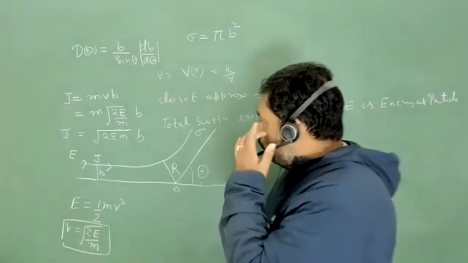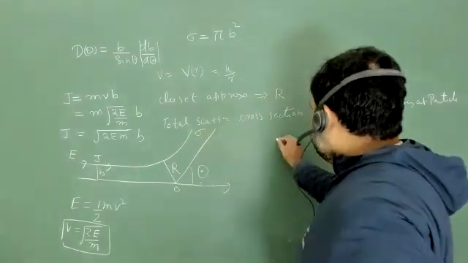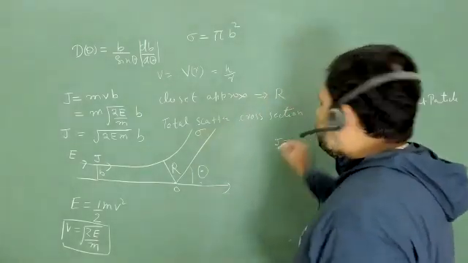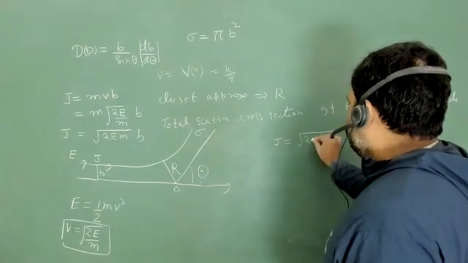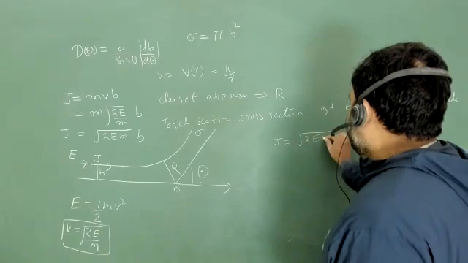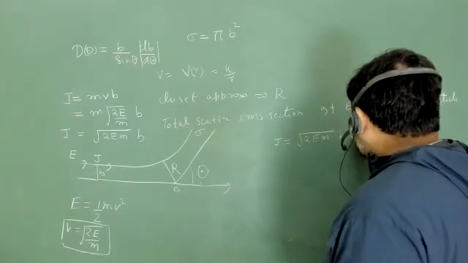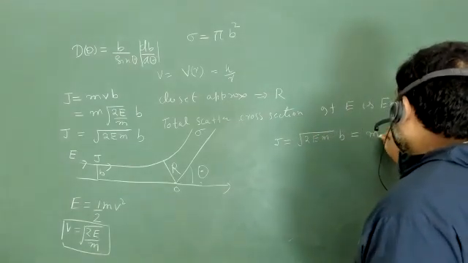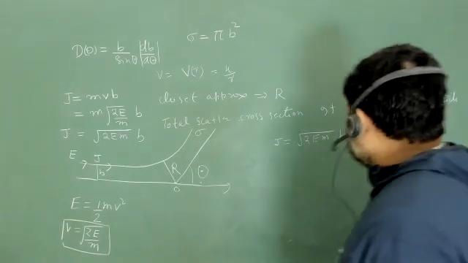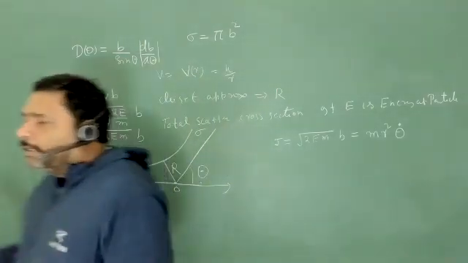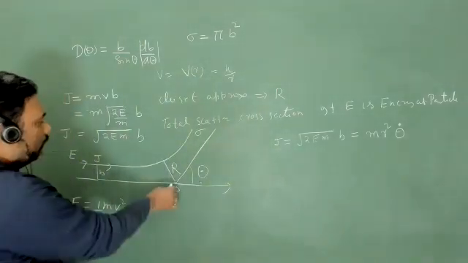Now, can I write this angular momentum J is equal to root under 2Em times b, which is also equal to mr²θ̇? Can I write this thing at any particular angle, at any particular theta?